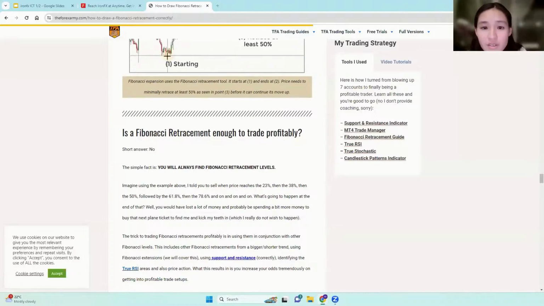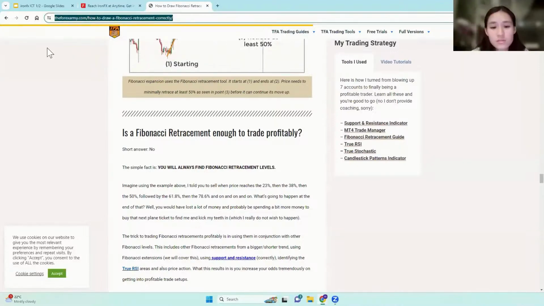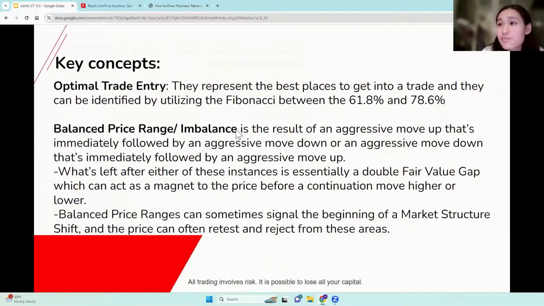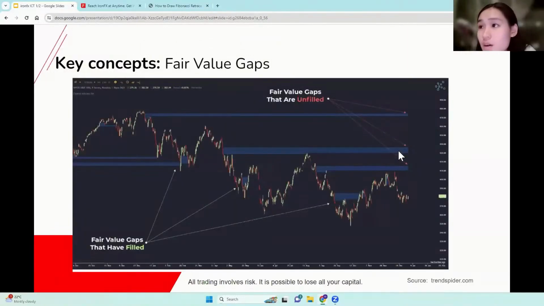I think I'll just pop it into the chat. Oh, we have a question. What happens to an FVG that has not been filled? If we go back to my slides, what it means when it's not filled is that we don't expect price to return to that area anytime soon.